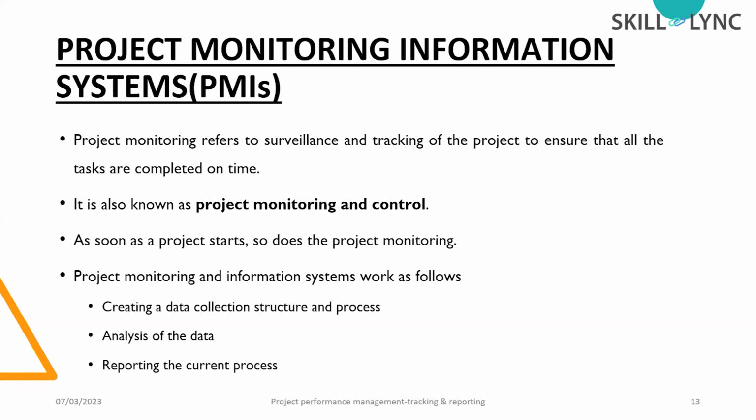Similarly, in order to check the performance, we have the project monitoring and information system. It refers to the surveillance and tracking of the project to ensure that all the tasks are completed on time. So how do we say the project is performing in a better way? There will be n number of activities, and there will be a particular duration or limitation for each and every activity.